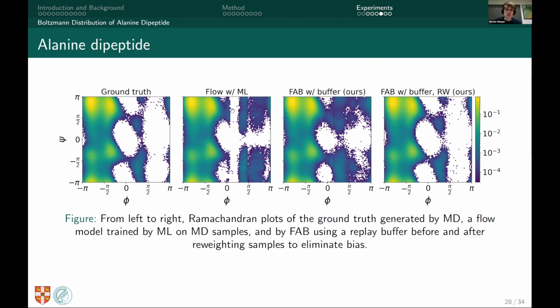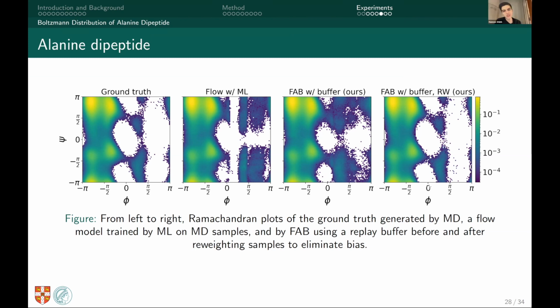For this flow, which is trained using the MD samples with maximum likelihood, all the areas with very high probability density are very well modeled, but in the area with very low probability density, the model still struggles, and reweighting doesn't really help there, as we saw in the previous slide. If you use our model, the model itself is already pretty good, but if you do reweighting, then it's more or less indistinguishable from the ground truth.